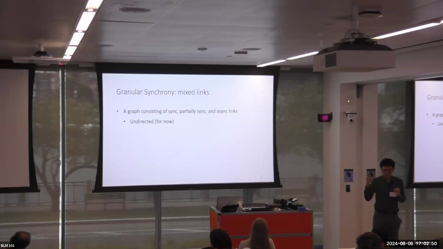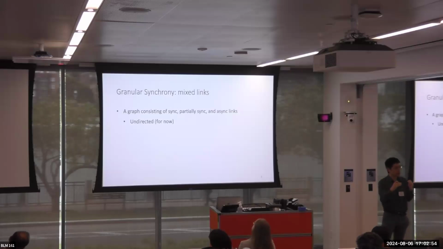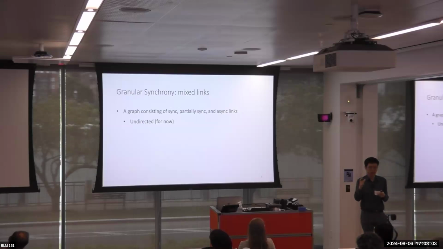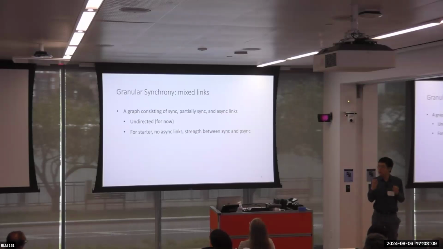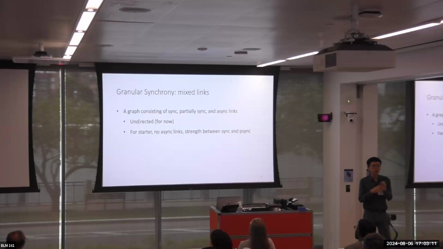And for now, we assume the graph is undirected, meaning that if I have a synchronous link to you, then you also have a synchronous link to me. We don't consider asymmetric network behaviors for now. Okay, and also to start, I will assume there are no asynchronous links, just to make things a little simpler.